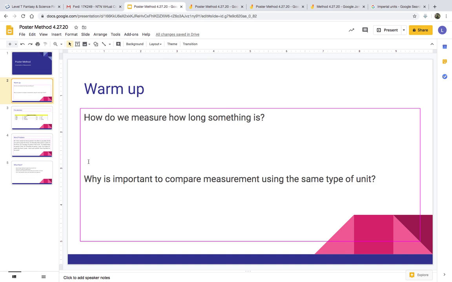Okay, did you say because you want it to be accurate, you want to make sure that you're measuring the same length, right? If something is in inches and feet, you have to make sure that you convert everything into one type of unit so that you know exactly how long something is, okay? Excellent. So let's keep going.